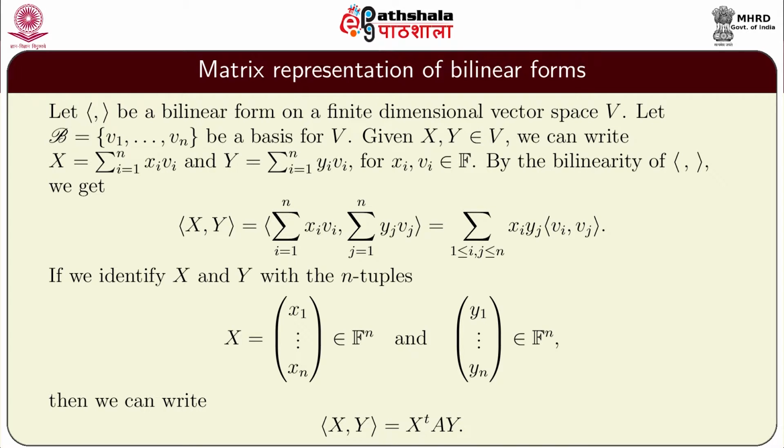If we identify x and y with the tuples x1, x2, up to xn and y1, y2, up to yn, after we have chosen the basis B for V, then this expression of inner product xy can be written as x transpose Ay.